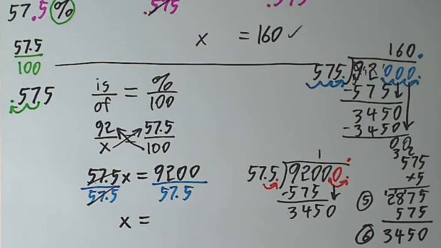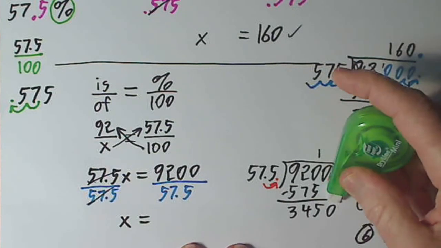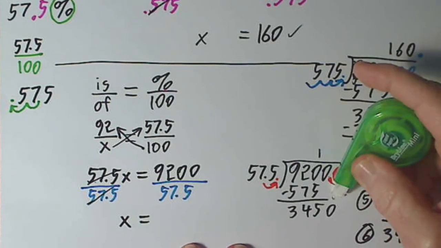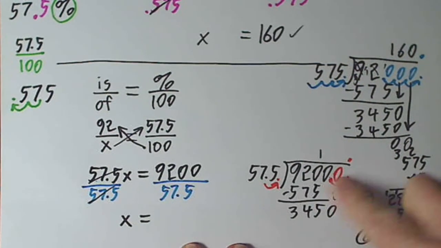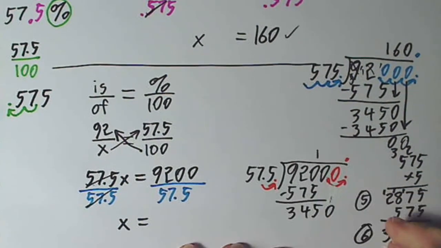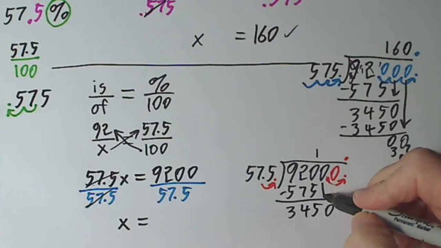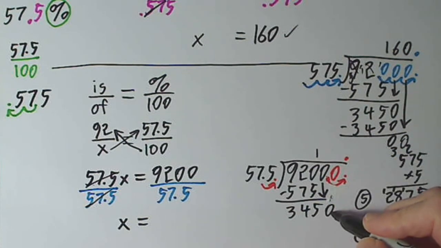Let me erase that. Well, I can't erase it, but I can cover it up. That's not the 0 that I brought down. Sorry about all this delay here. This 0 has not been used, so that's the 0 that I'm bringing down.